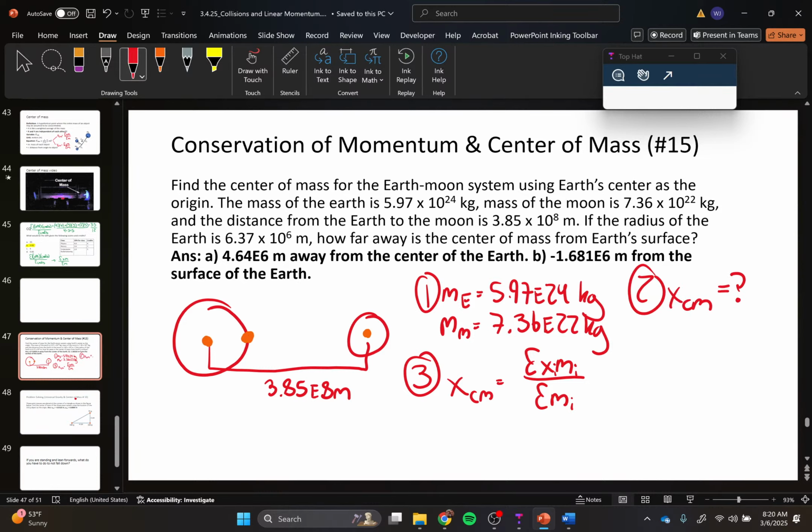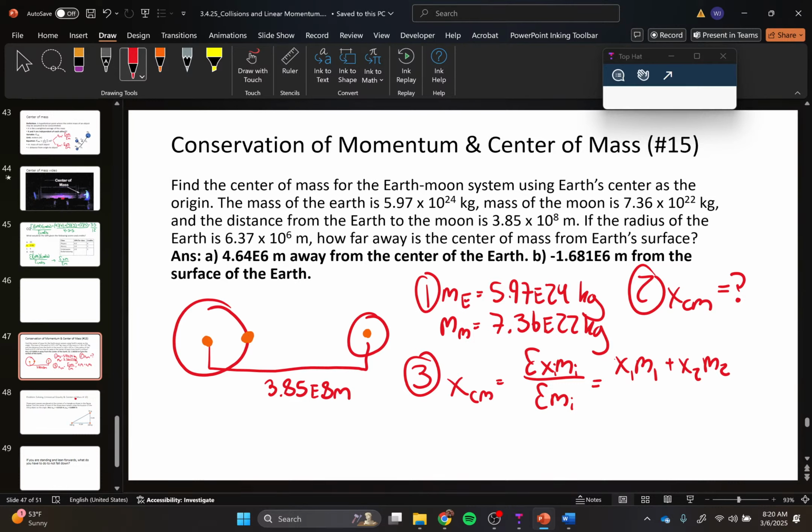The best way to see how to do center of mass, because it is just a single equation, is to see how it works. There's no nuance to this, it's just use this equation. So let me write this out. We're going to do the x position of object 1 times the mass of object 1, plus the x position of object 2 times the mass of object 2.